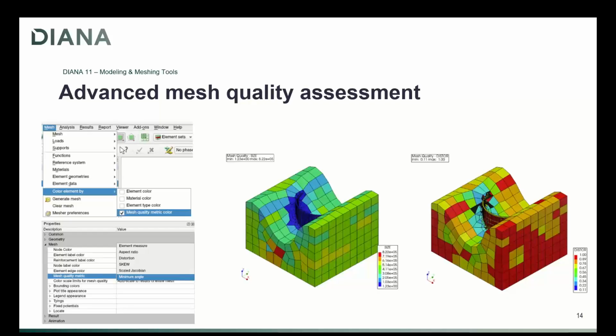So you can play with the color scale limit, the bounded colors, the title and legend appearance, same as other contour plots in Diana. So this is also a major enhancement when it comes to analyzing and reviewing your mesh quality.